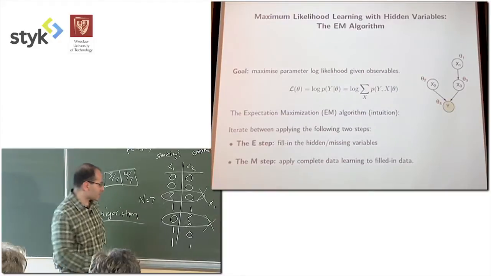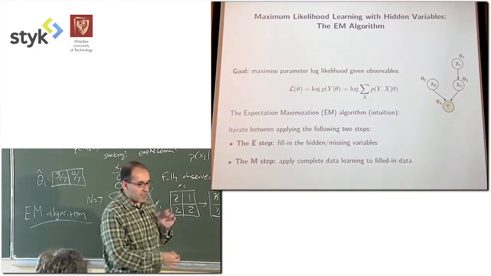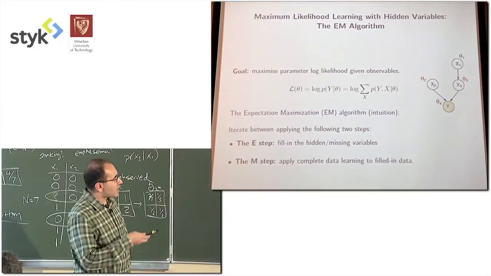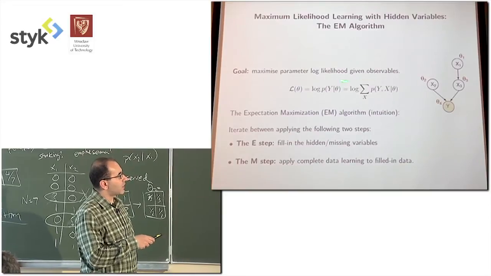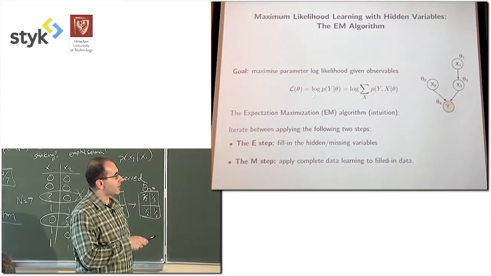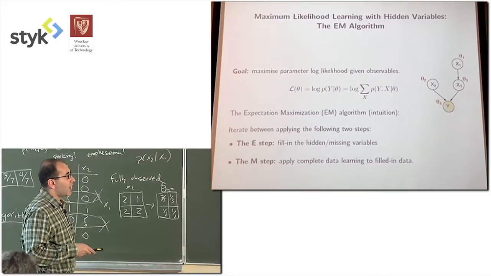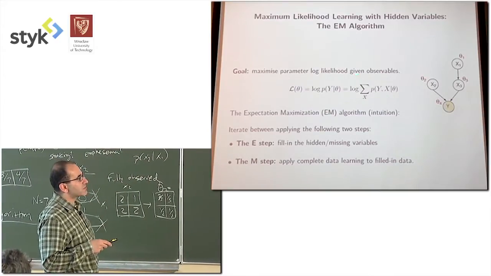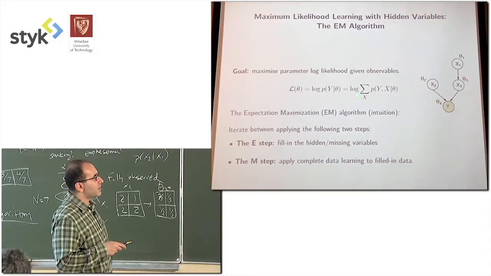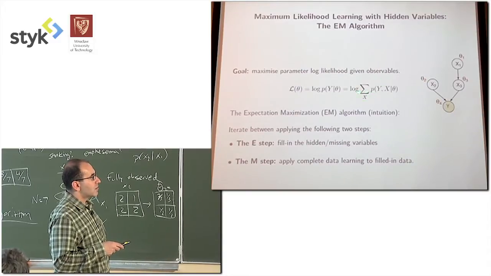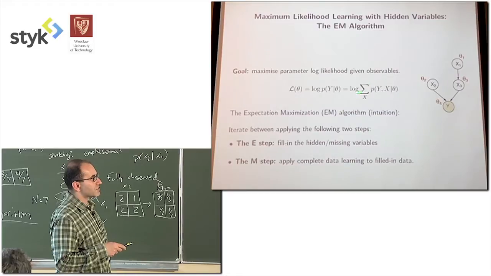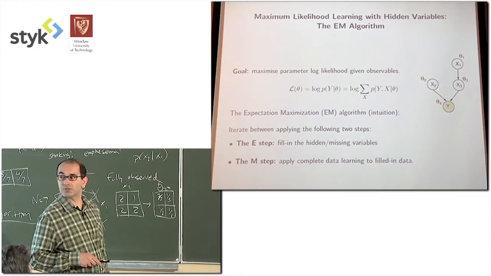Okay, and so what does that mean? Well, in this case, the EM algorithm says our goal is to maximize the log likelihood given the observable data. Let's call the observable data y. And the log likelihood is the log of the sum over the hidden variables of the joint distribution of the hidden and observed variables.